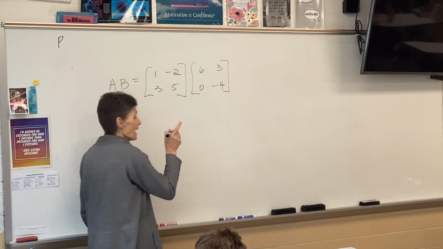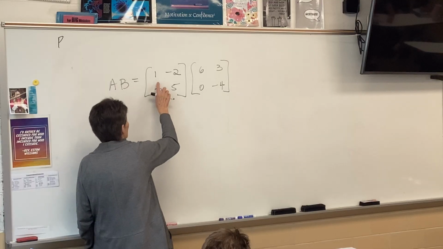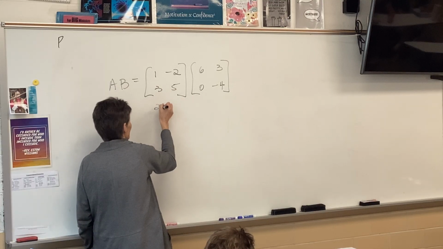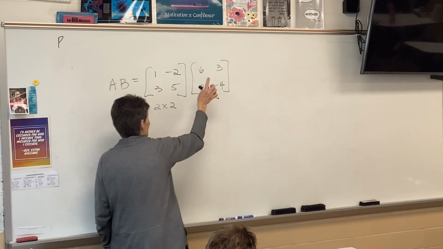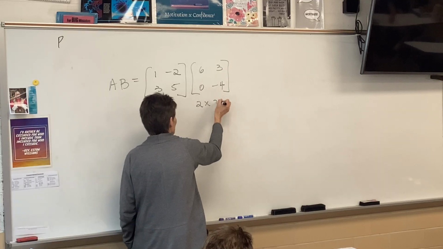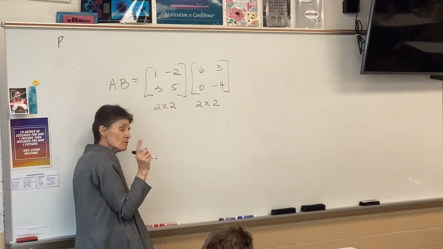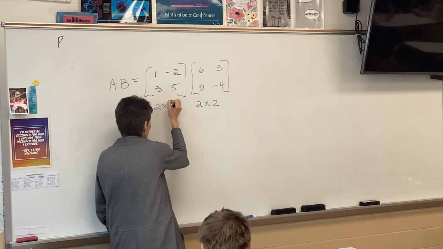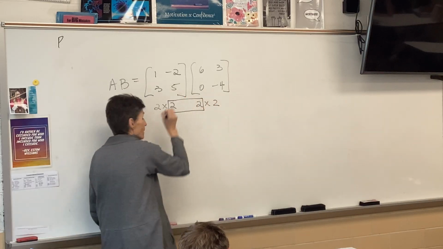What they have to have is this. This matrix is a 2 by 2. This one is a 2 by 2. If you're going to multiply, these two numbers must match.